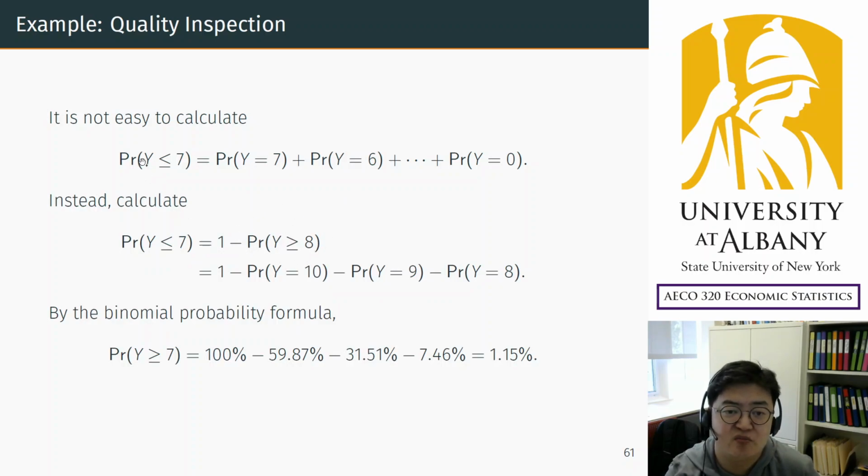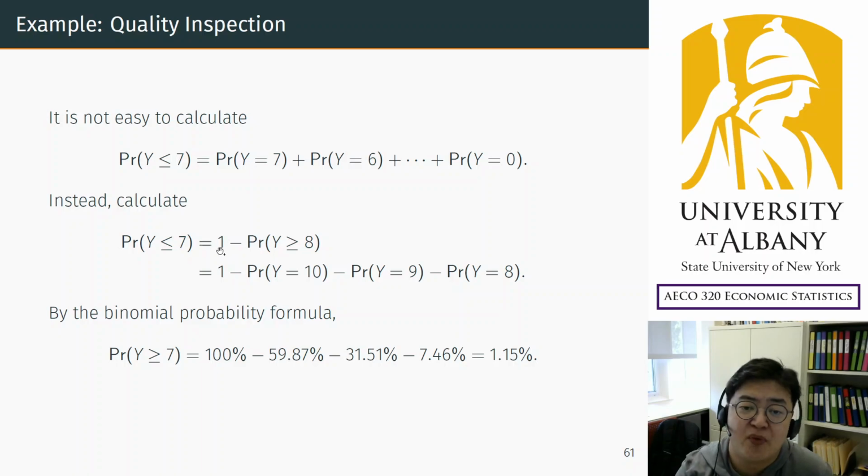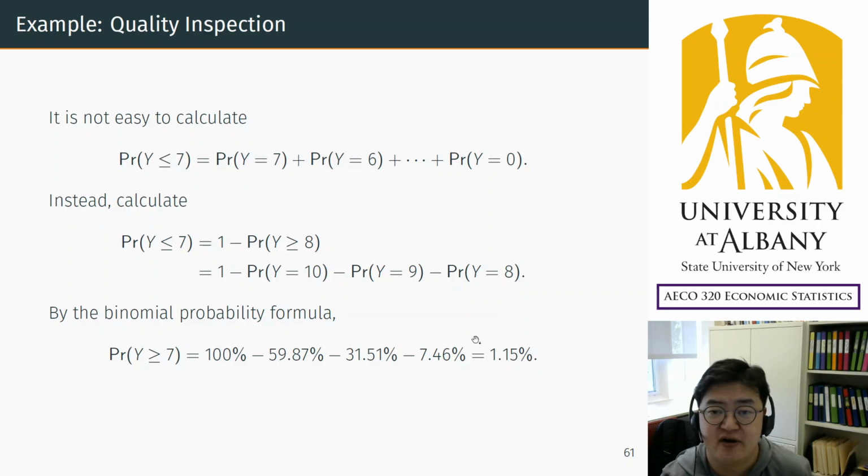So instead of calculating probability 7 or lower, you can calculate probability 8 or higher, and then subtract that probability from 100%. And this is easier because you just need to calculate 3 probabilities, 10, 9, or 8. So probability greater than or equal to 8 includes these 3 cases. So the binomial probability formula, if you use them, you get these numbers. So in the end, it's only 1.15%.